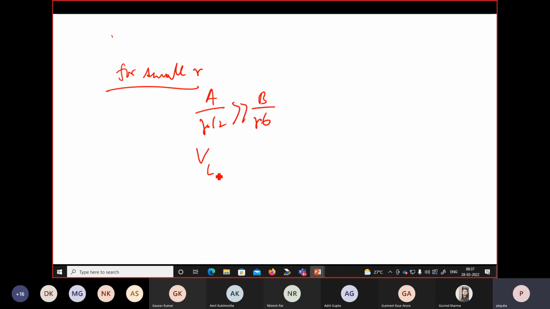And when r is very small, for a small r, the first term dominates. So A over r to the power 12 is much greater than B over r to the power 6. So this V_LJ(r) will be positive. So that is our repulsive regime.